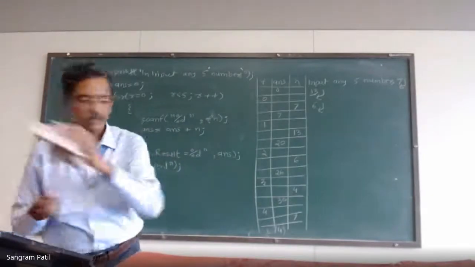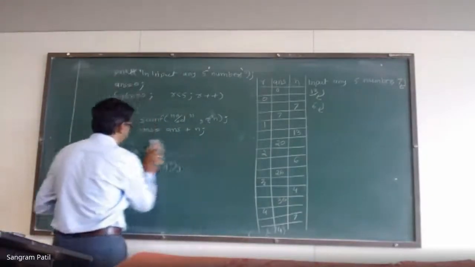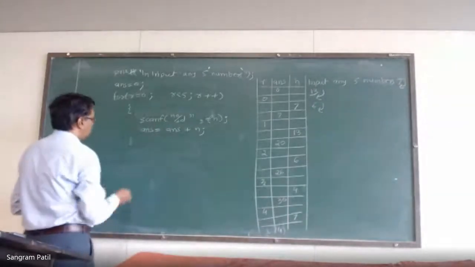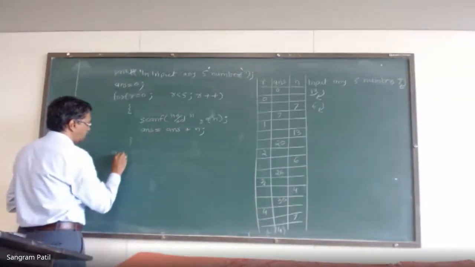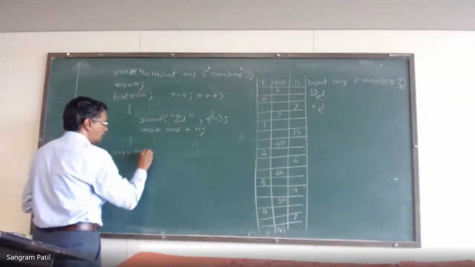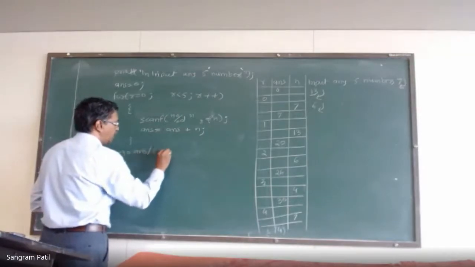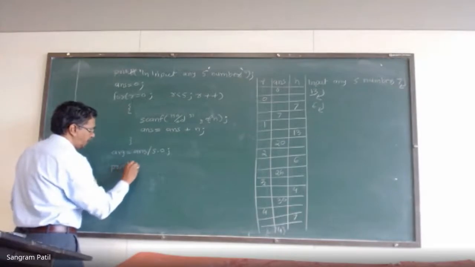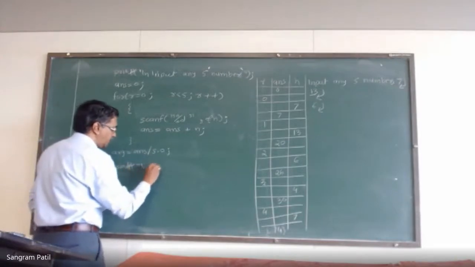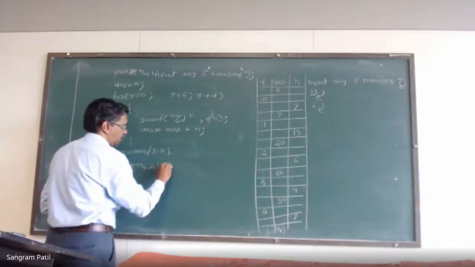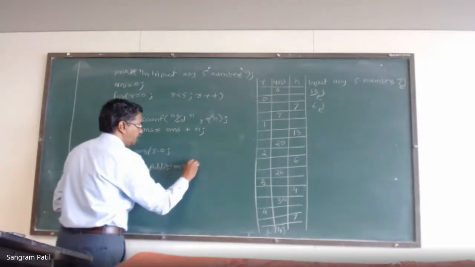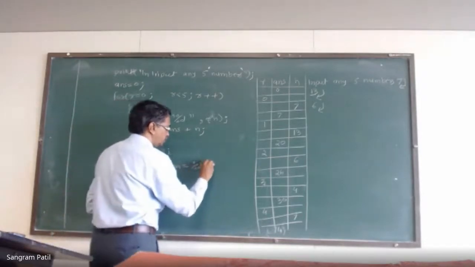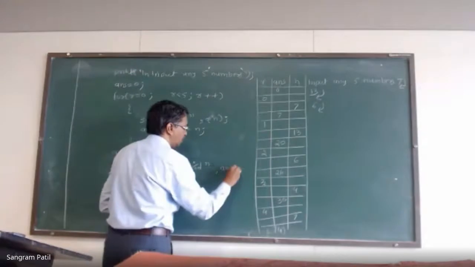Now, if I want to calculate the average, then what I can do here is average is equal to answer divided by 5.0, and then we can give printf slash n, addition equal to percentage d answer.